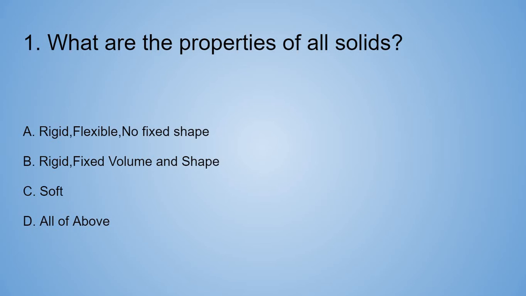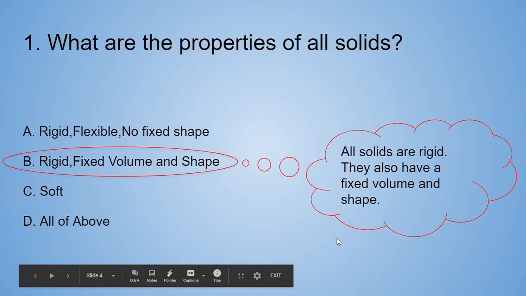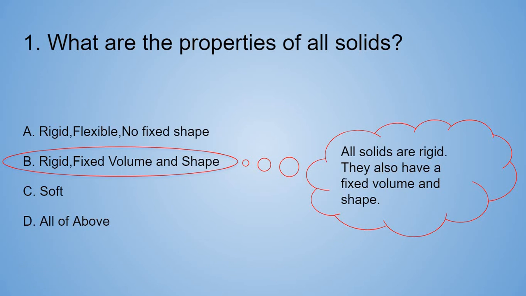Some solids are soft, like pillows, but not all solids are soft, so C is also not the answer. And D, all of above. No, that doesn't work. So the correct answer is B, rigid, fixed volume, and shape. All solids are rigid. They also have a fixed shape and fixed volume.